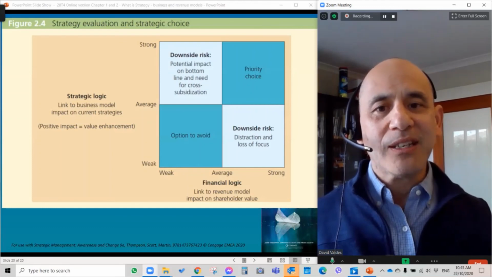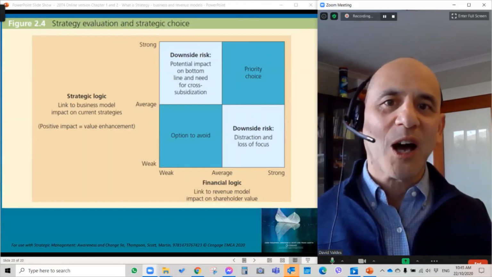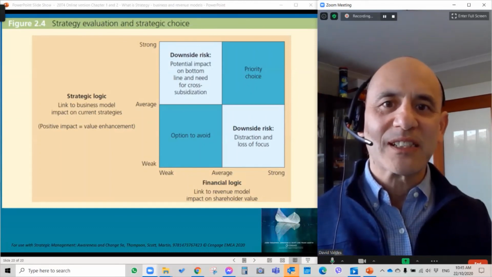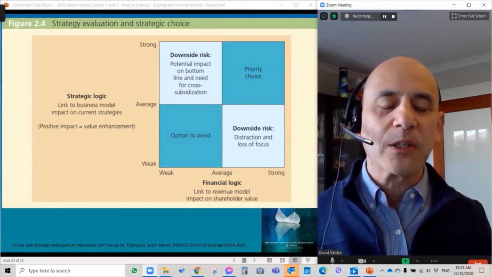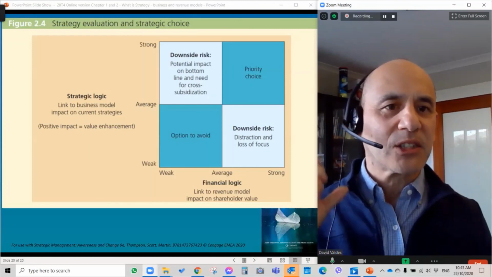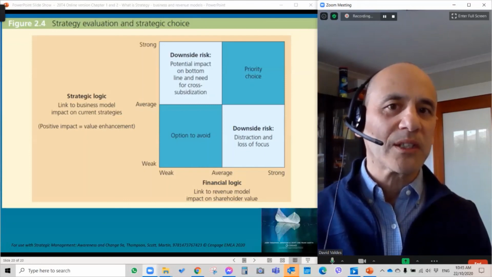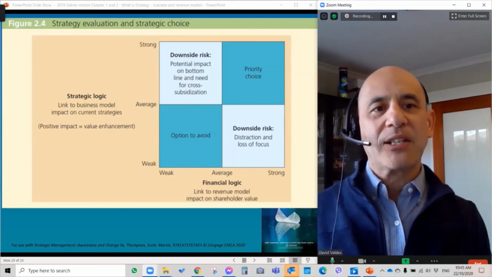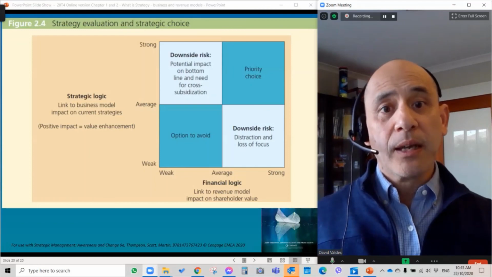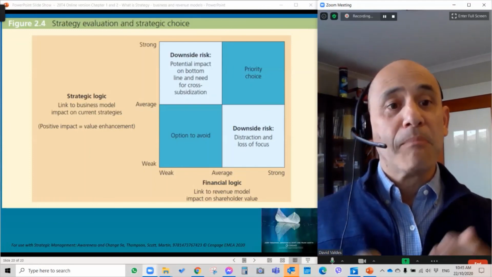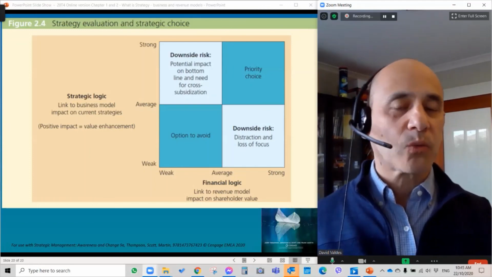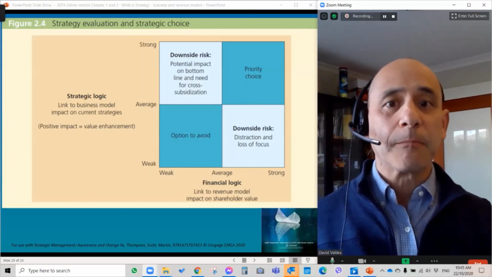And if we are able to focus on the upper right hand quadrant here, as shown in this figure, we know that yes, this strategy makes a lot of sense for us. This is part of our strengths and weaknesses, but it's also capitalizing on an opportunity and demand for the services that we're providing. And that way we can make money from it.